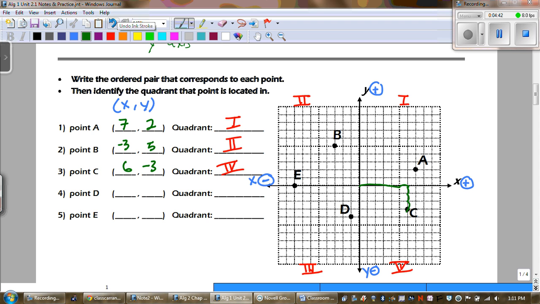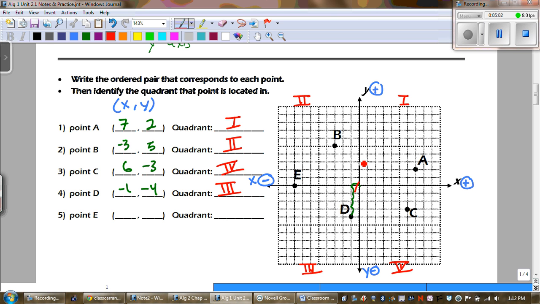Point D. Point D, we got to go 1 to the left, so that's negative 1. And 1, 2, 3, 4. Down 4. Which puts that in quadrant 3.